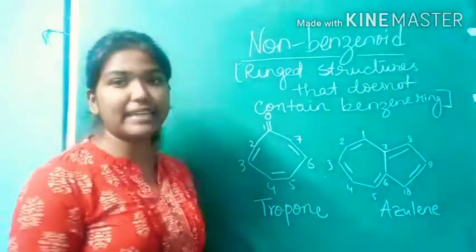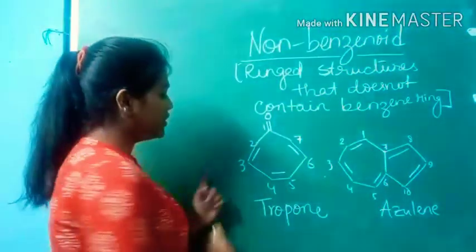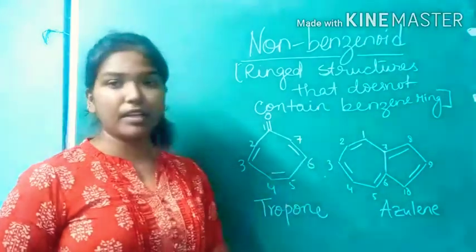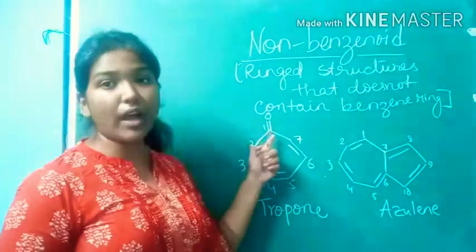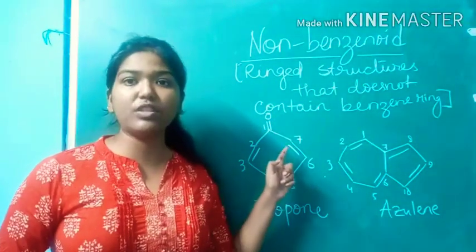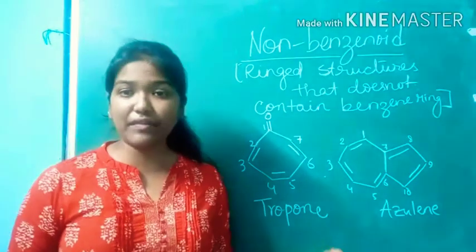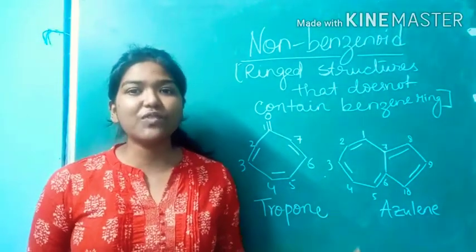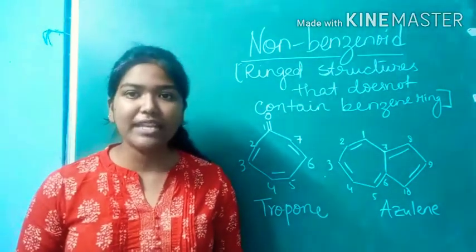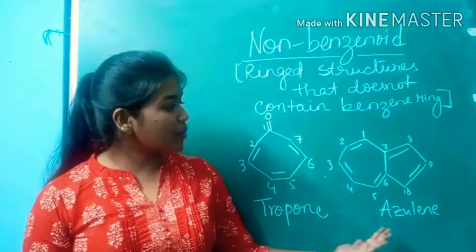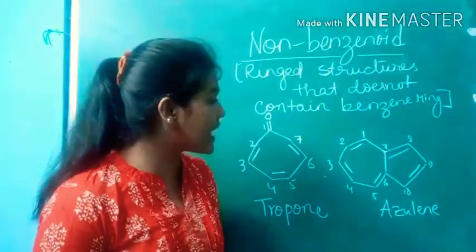The first one is tropone. There are 7 carbons: 1, 2, 3, 4, 5, 6, 7. Then you have got 3 double bonds, and at carbon 1 there is a double bonded O. This is 7 carbon, so this is definitely not benzene. That is why this falls under the category of non-benzenoid structures. One more example I have taken is azulene.